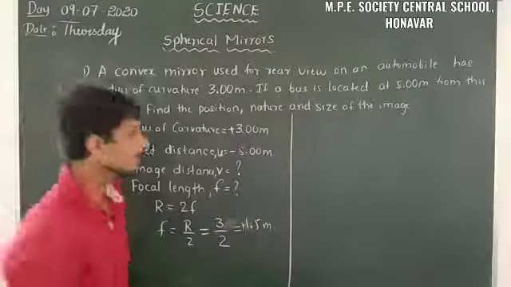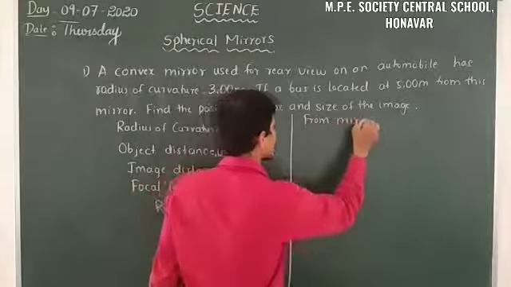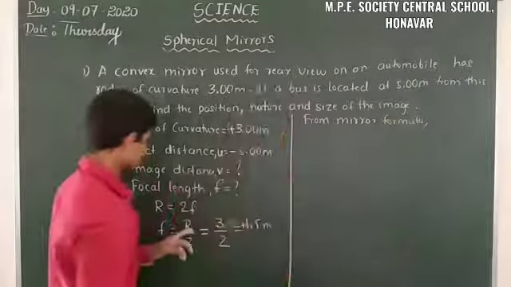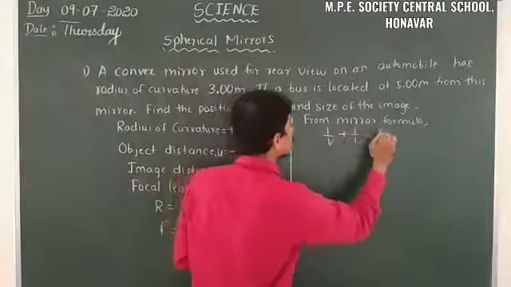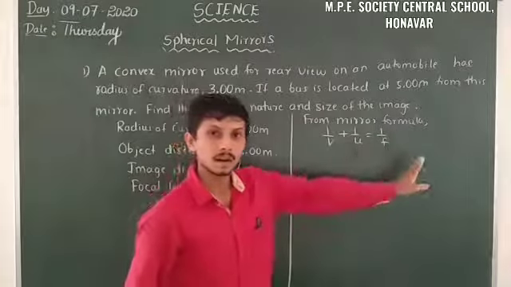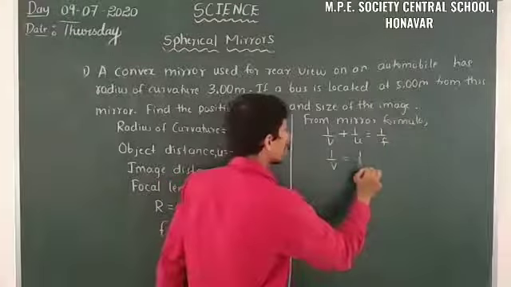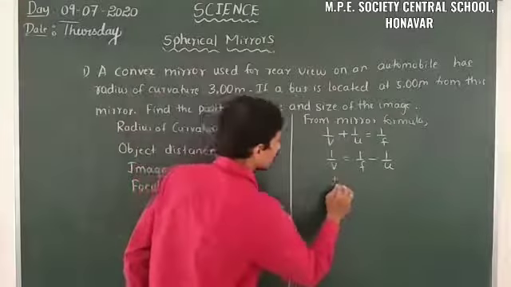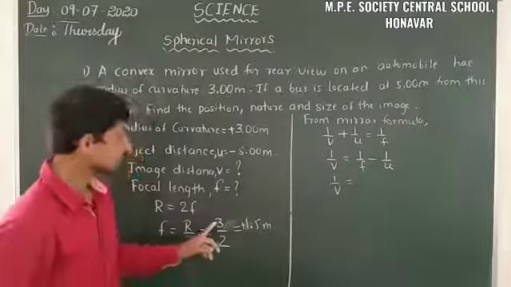From the mirror formula, 1 by V plus 1 by U is equal to 1 by F. I will transpose 1 by U to the RHS, and it becomes minus 1 by U. That is 1 by V is equal to 1 by F minus 1 by U. Then I insert all the values.